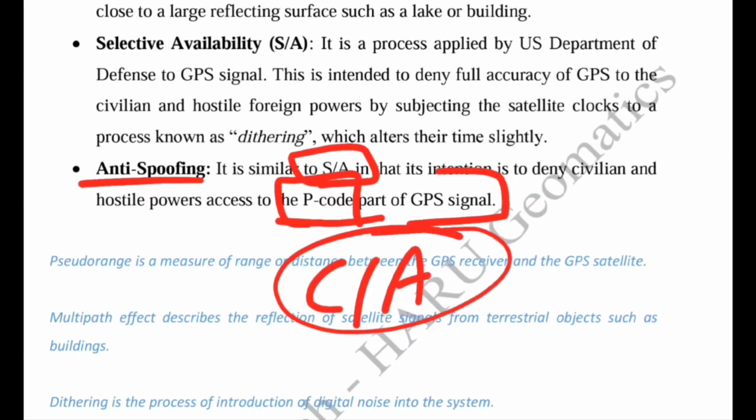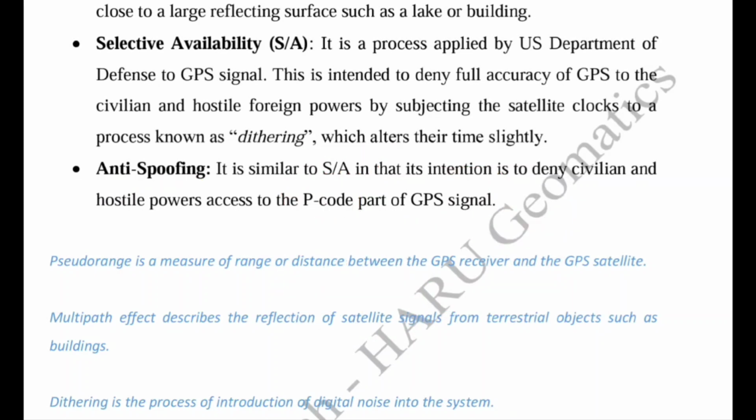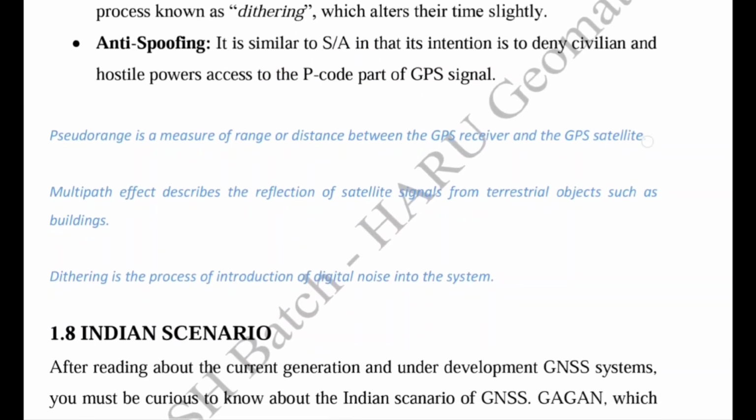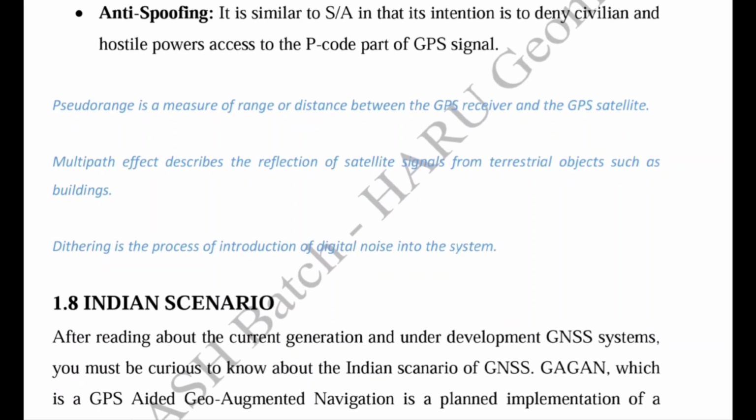But this C/A code is generally decoded by all the receivers, and there are specific GPS receivers which decode the P code, and these receivers are used by the military of the US department.